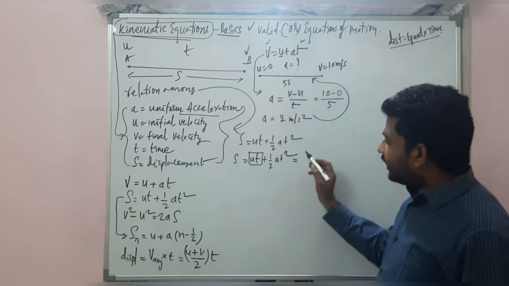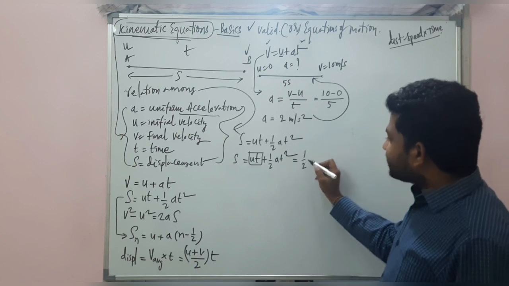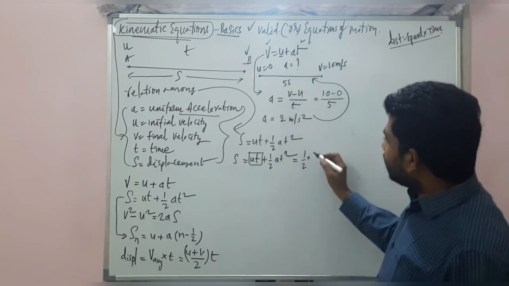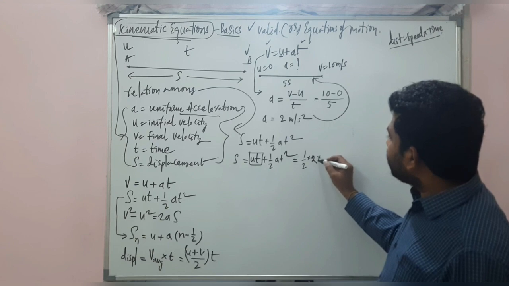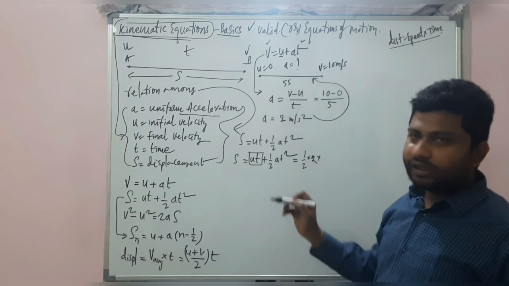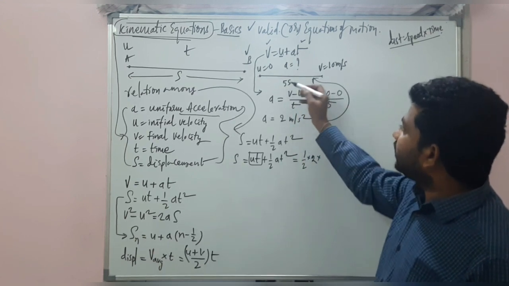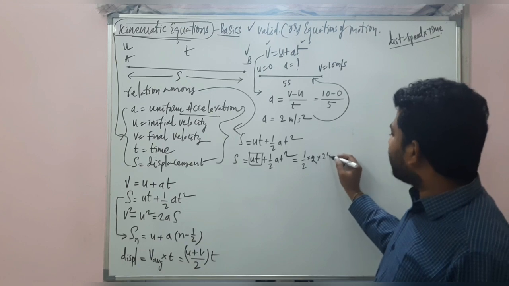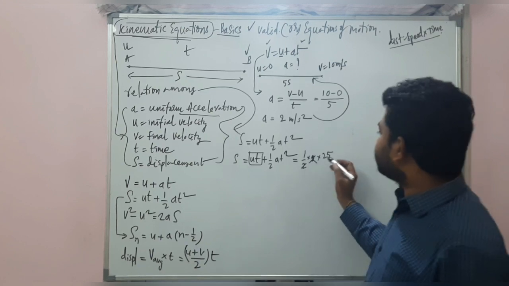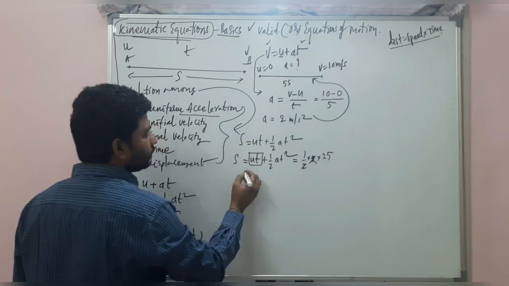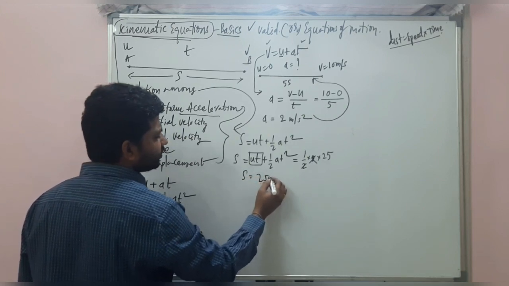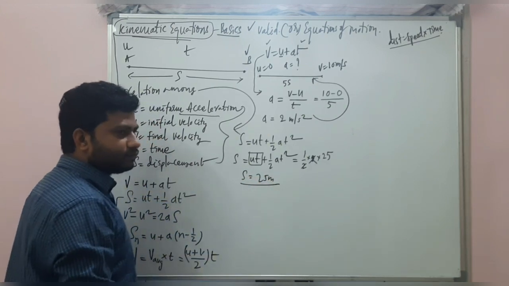So 0 plus half into acceleration, which we just found to be 2, into t square. What is the total time taken here? t square is 5 square, which is 25. So the 2 gets cancelled, and S, the displacement taken by the body, is 25 meters.